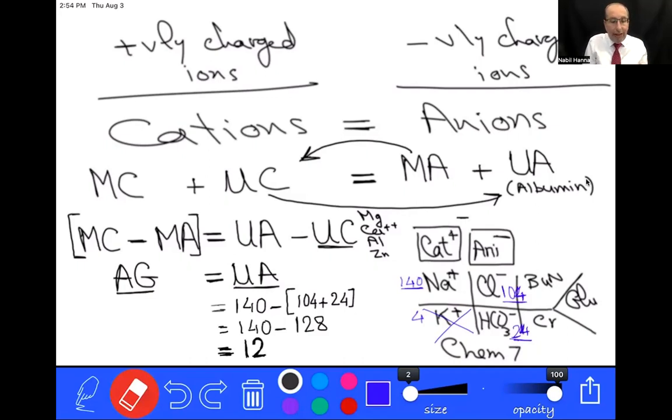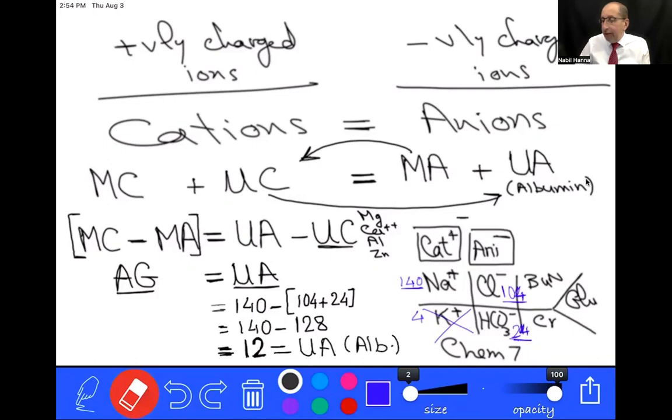Notice that this 12 does not mean that we have the anions less than the cations by 12. But we know that in the human body, the cations equal the anions, but the gap is the unmeasured anions. And we know already that this unmeasured anion is nothing but the albumin.